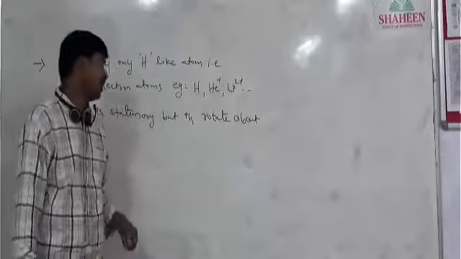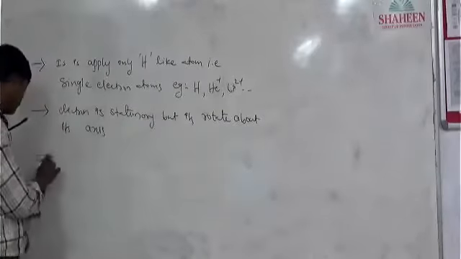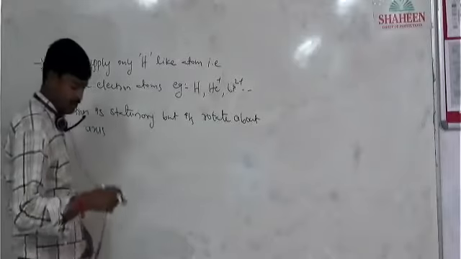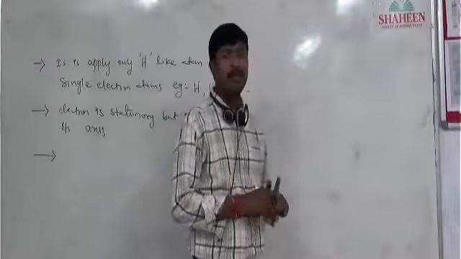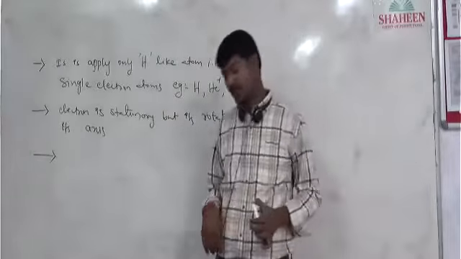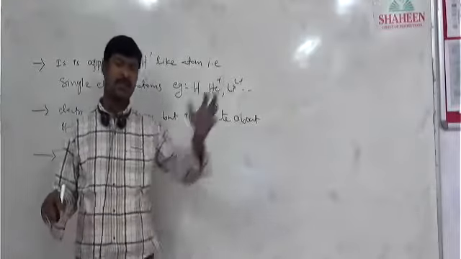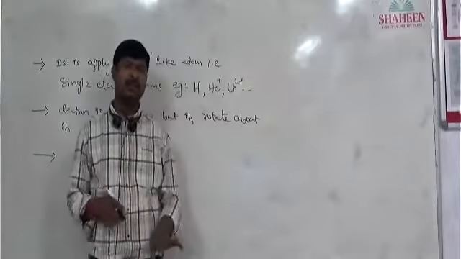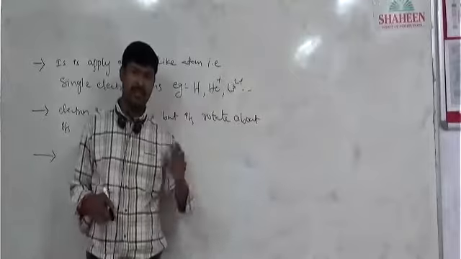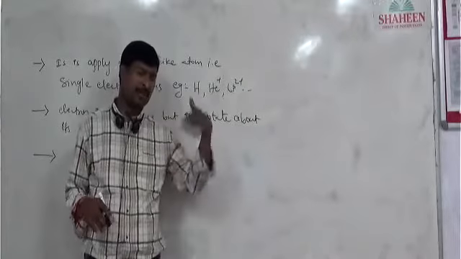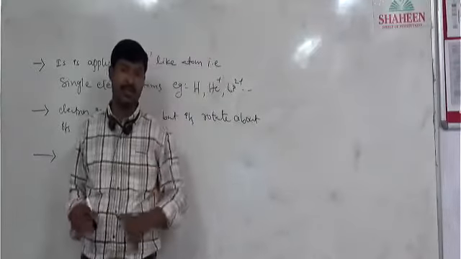And the third one is that it did not explain the intensity of spectral lines. He simply said that a photon of energy will come with this much wavelength, this much frequency, or this much energy, when the electron jumps from a higher energy level to a lower energy level.